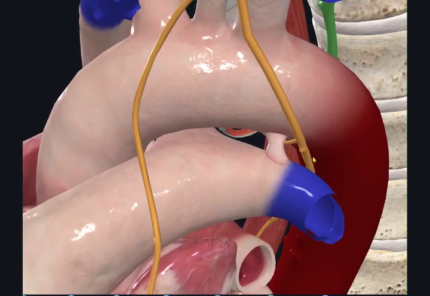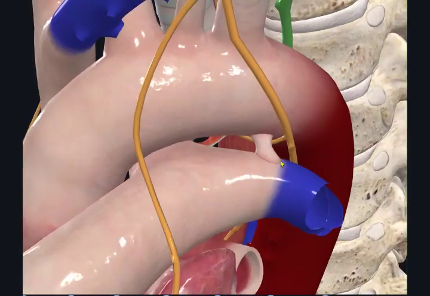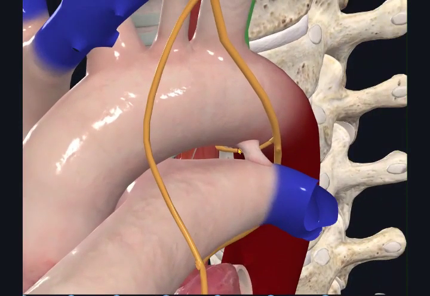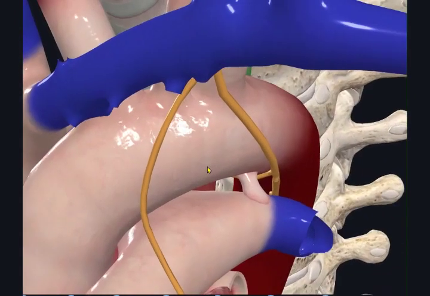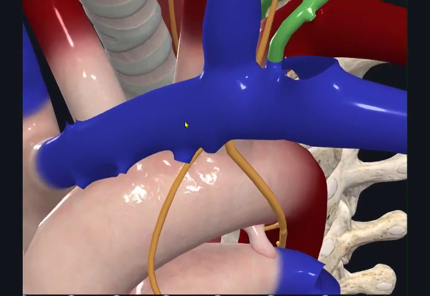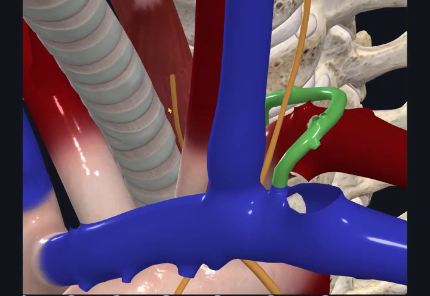This is the vagus nerve. This is the phrenic nerve. From the vagus arises the left recurrent laryngeal. It winds around below the arch of aorta behind the ligamentum arteriosum, and then it ascends in the left groove between the trachea and the esophagus.